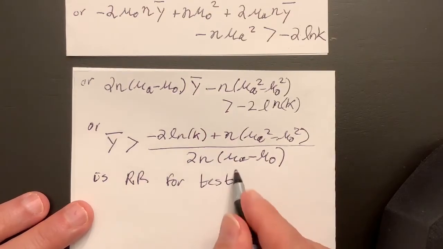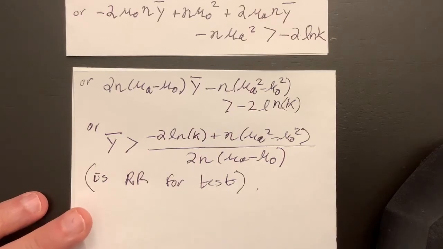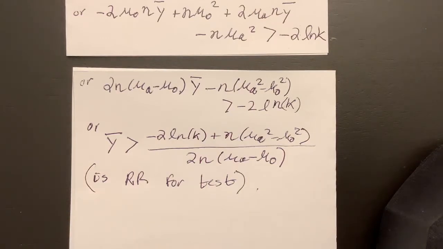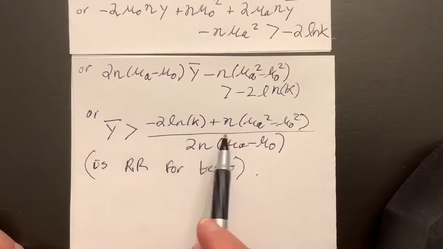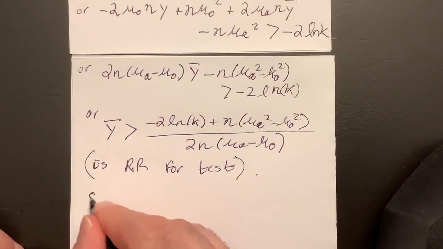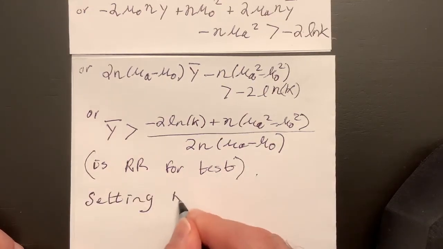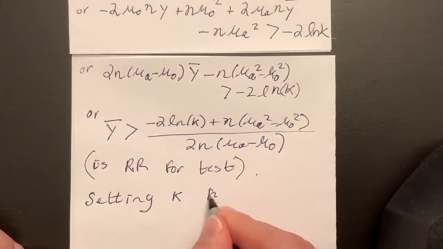Just to be clear. Well, what to do now? We have to set k based on alpha. So now it's time to set k based on alpha.